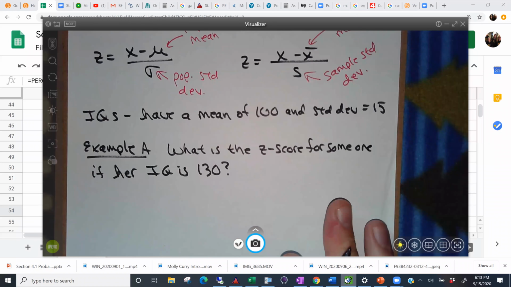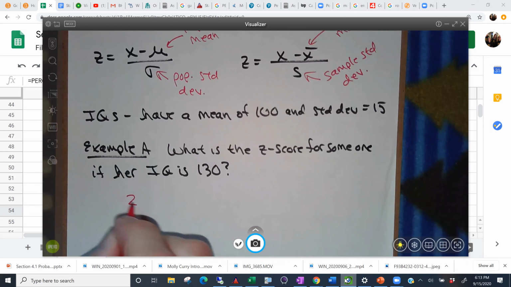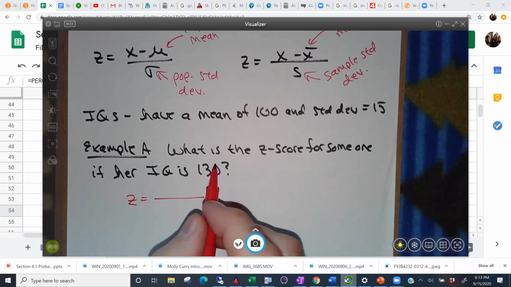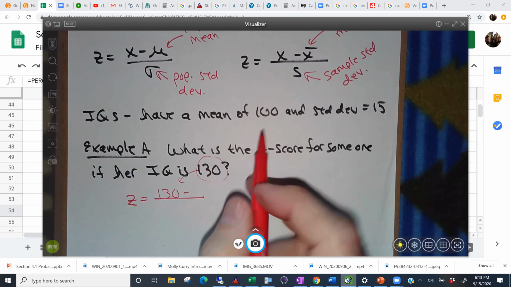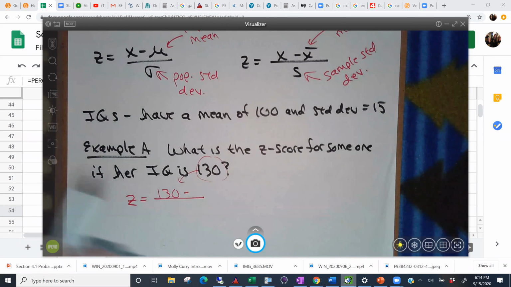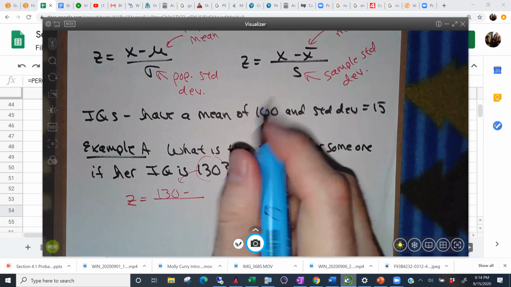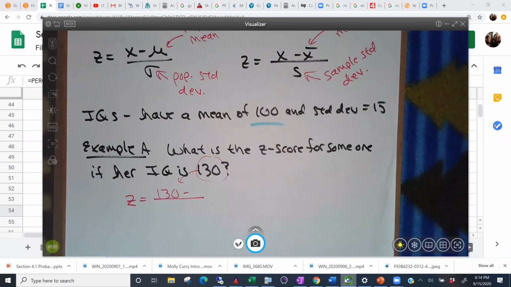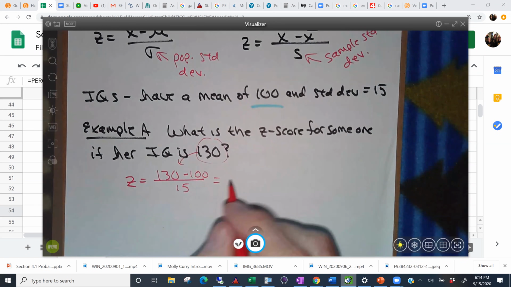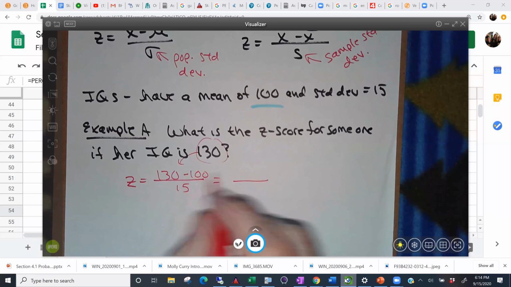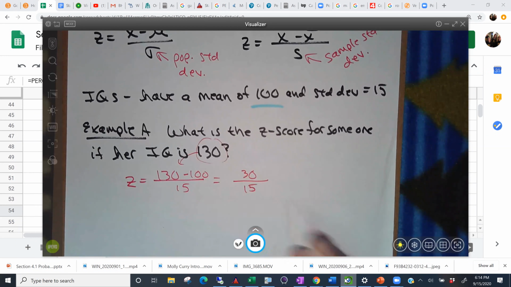Okay. Well, that shouldn't be too bad. You're going to take the score, the value, 130, minus the mean, so that's your 100, divided by the standard deviation. By subtracting 100, we see that she's 30 points higher than the mean.